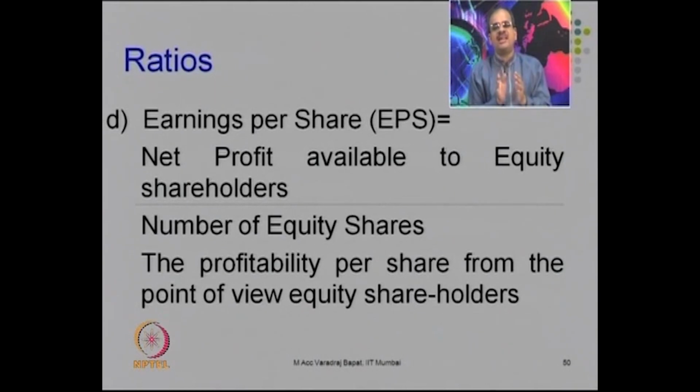This is not exactly linking it to capital, but it is a very important ratio, because equity shareholders will be very keen to know how much profit they are getting per share. So, net profit available to equity shareholders, which is generally NPAT, divided by the number of equity shares, gives us EPS.